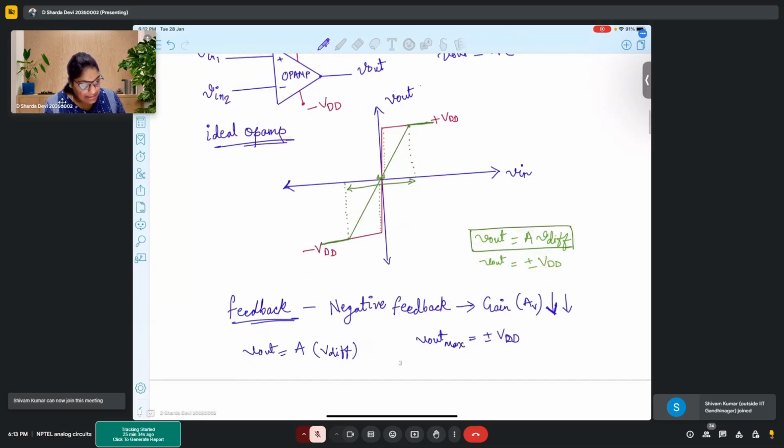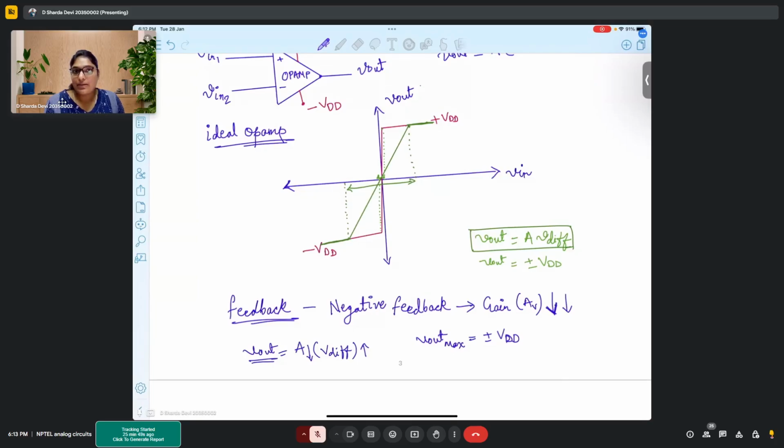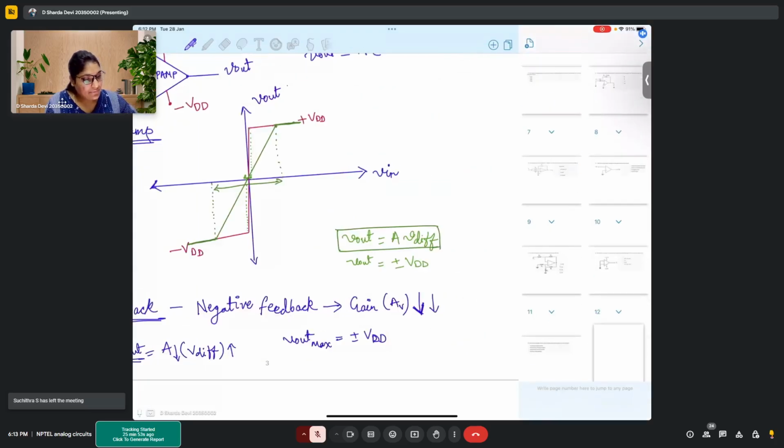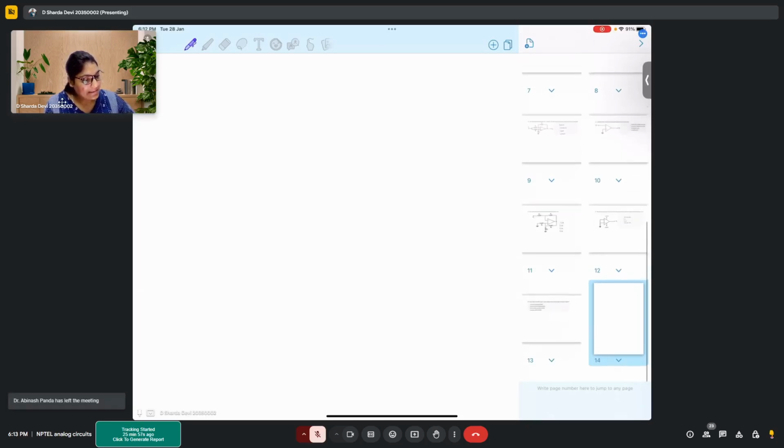So if I reduce my A somehow, I can increase my V difference to obtain a constant V out. So that is the idea behind this negative feedback. So now we have understood why we need negative feedback, correct?